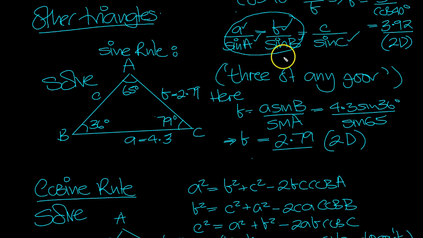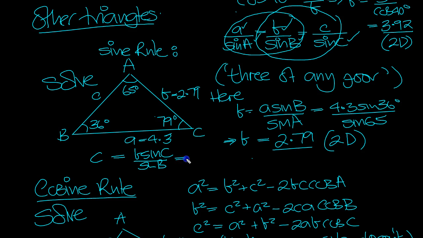So we can use this to find C. So C equals, then using this one now, B sine C over sine B. B is 2.79. That's in the calculator. That's only 2 dp, so we want to keep it more accurate by using the value that's in the calculator.